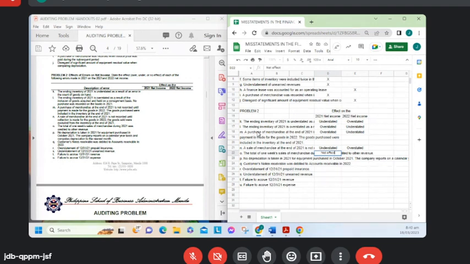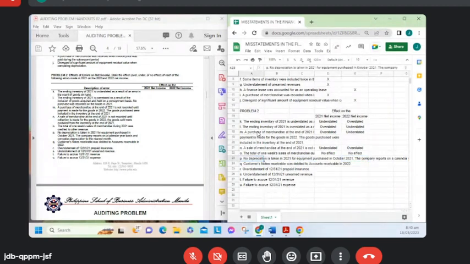So it means no effect because it's just a reclassification error. So what the entity will do is to reclassify the transaction from other revenue to a revenue account.